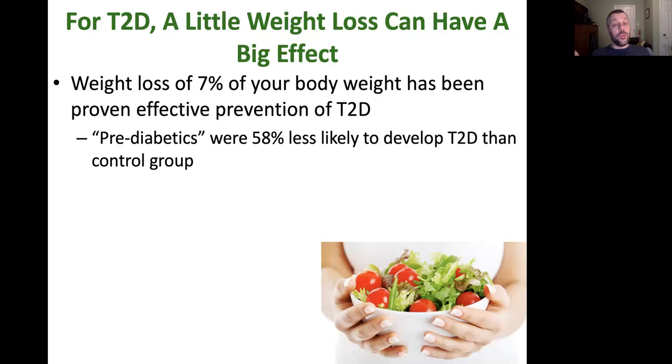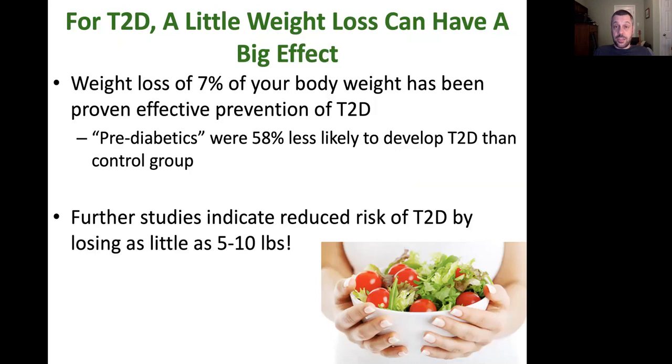So actually, no. The initial study into type 2 diabetes suggested that losing 7% of your weight had a huge impact on whether or not pre-diabetics were going to develop fully fledged type 2 diabetes.